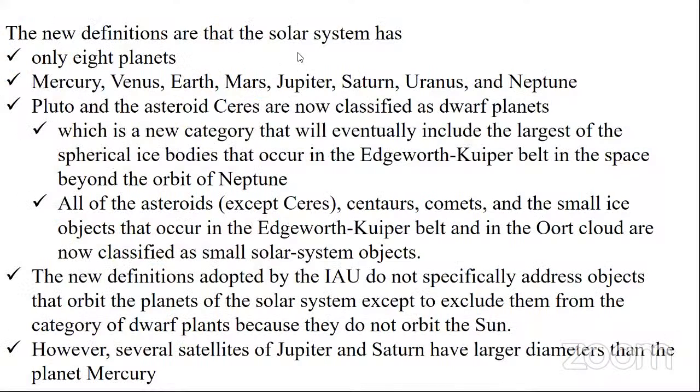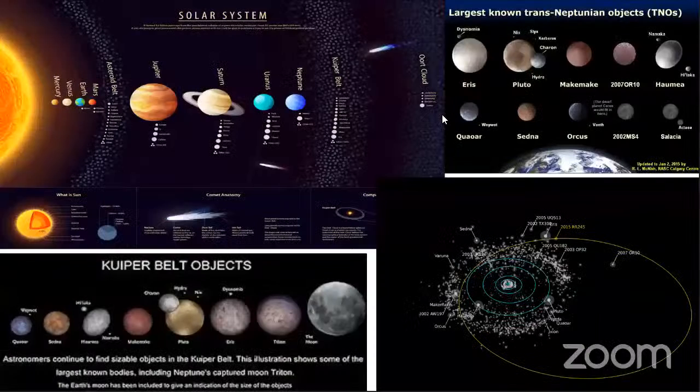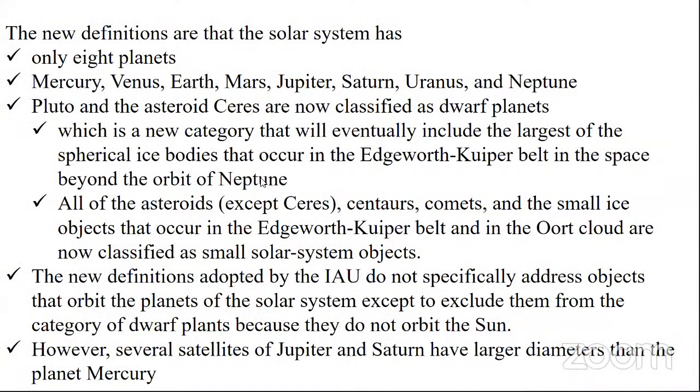The new definitions are that the solar system has only 8 planets, there is no doubt, in the order of their occurrence, starting from Mercury, Venus, Earth, Mars, Jupiter, Saturn, Uranus, and Neptune. Pluto and other asteroid series are now classified as asteroid belts.